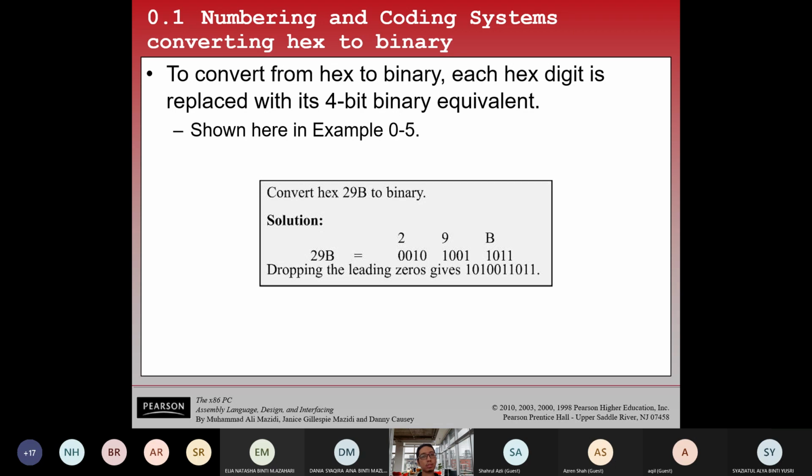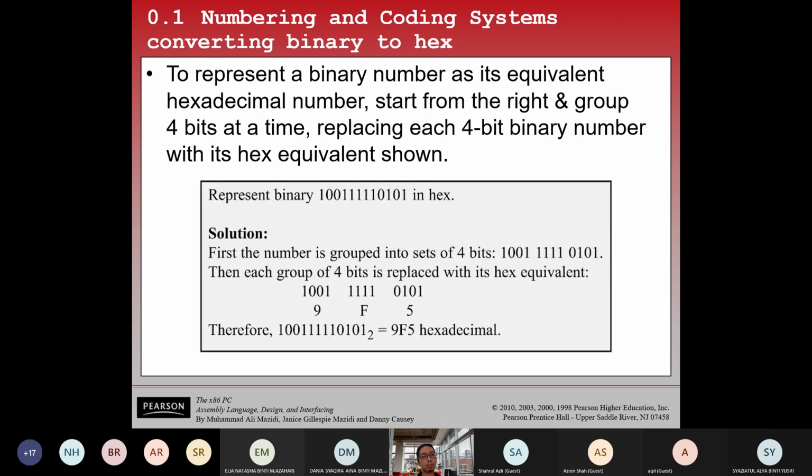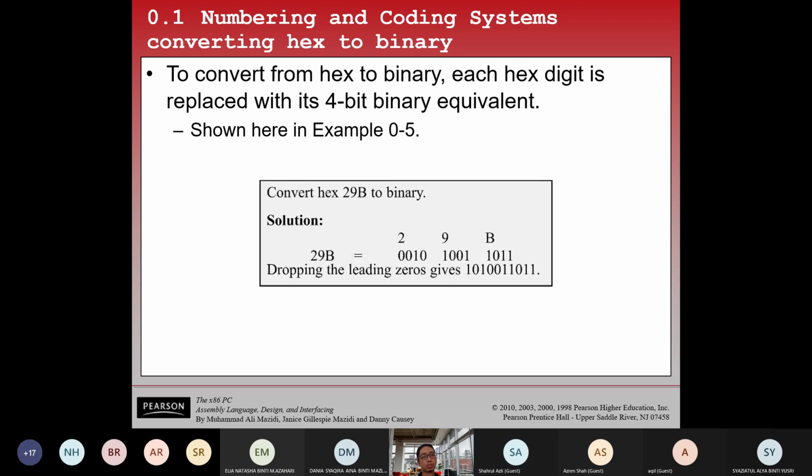So to convert from hex to binary, you learned how to convert from binary to hex, now hex to binary. How do you do that? It is much simpler. You just need to remember. You just separate all of that. What is B?